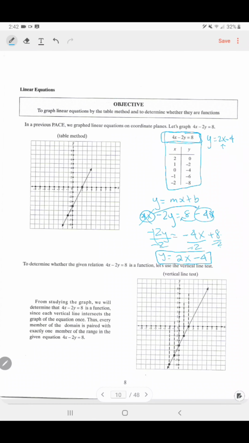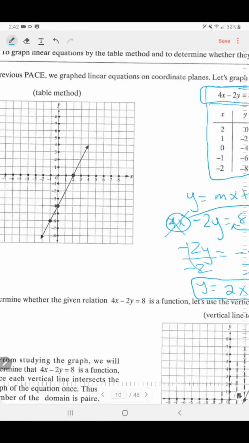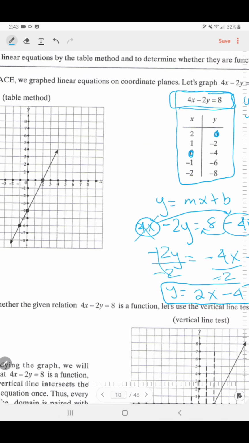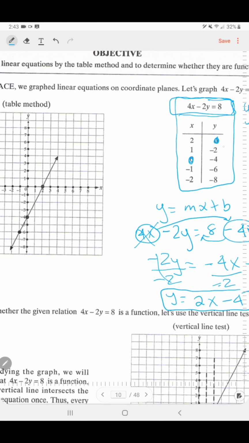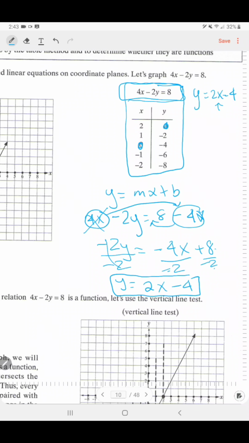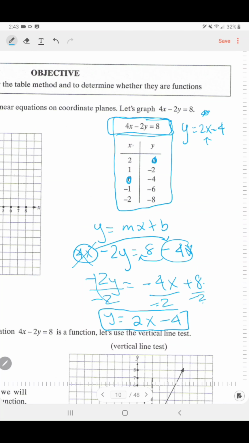But I'm going to show you a trick for this. If you graph these first, so make x 0 and then make y 0, all the rest of them you can find just by following the line. So, for example, using this equation right here, the blue one, if I make x 0, 0 times 2 is 0, 0 minus 4 is negative 4.